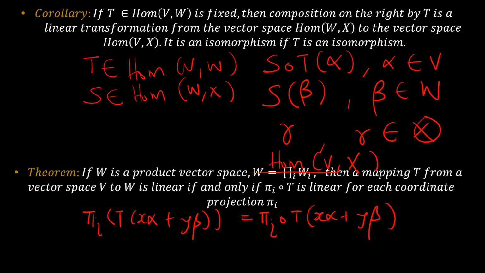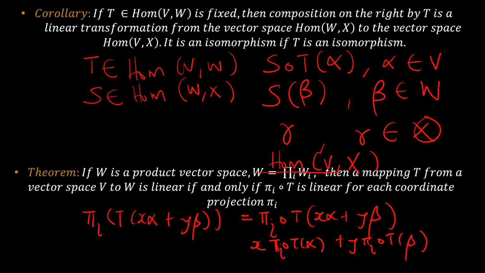First, I would like to have just gone straight away to say this is the same as x pi i of T of alpha plus y pi i of T of beta, right?